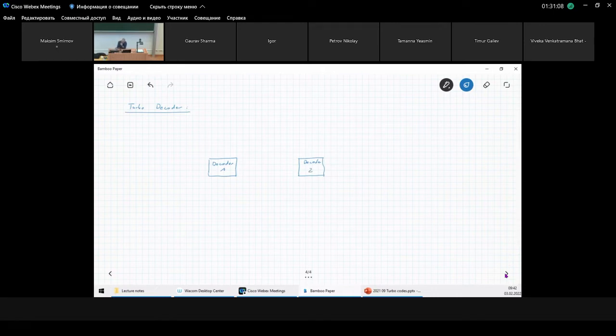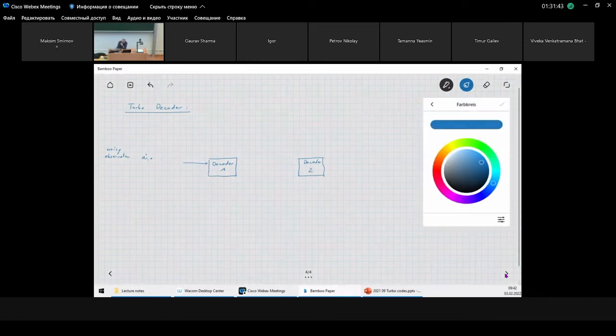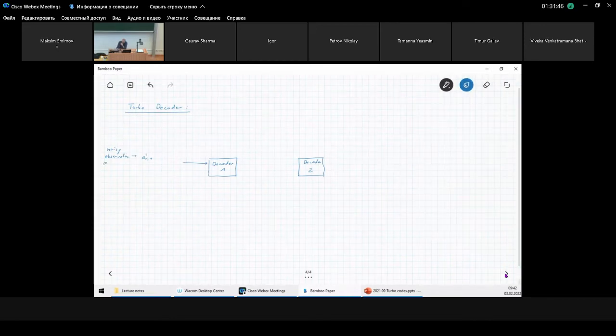The first decoder will get the noisy observation of the systematic bit. In my lecture slides, I call this Y_R1 prime. See observation of systematic bit.